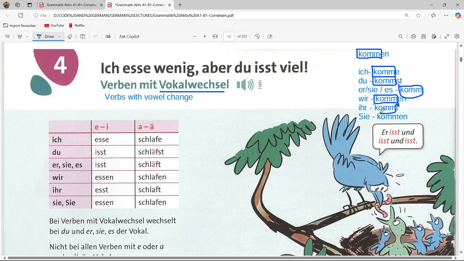Okay, so because the root remains the same and other endings are added depending on the pronouns. And similarly, there are different kinds of verbs. Like this verb is essen, and this verb is schlafen.